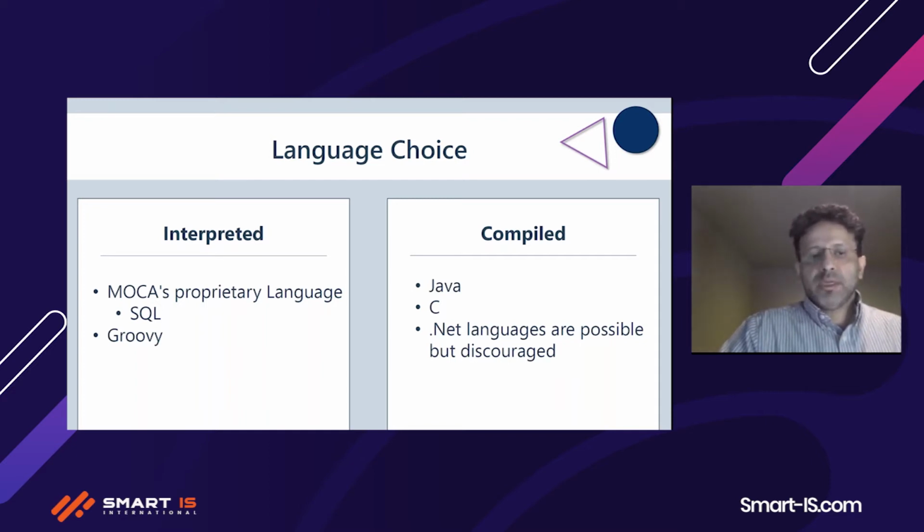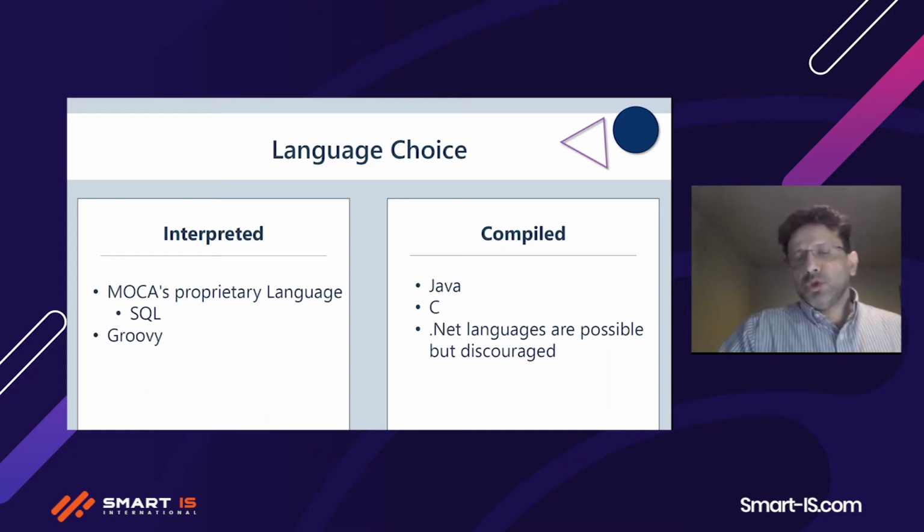So that is one option. In the same domain, you have Groovy as well. People who are familiar with Groovy would know it is very similar to Java, but it is in the interpreted domain, so you can just write it and it runs. And then on the compiled side, you have the option of writing code in Java, and you can do traditional C as well.